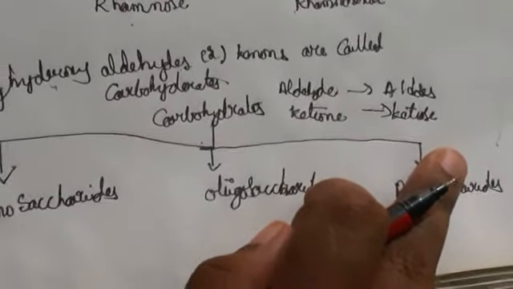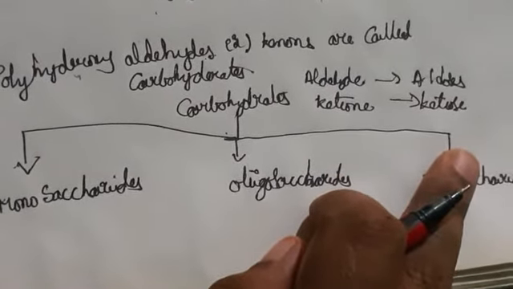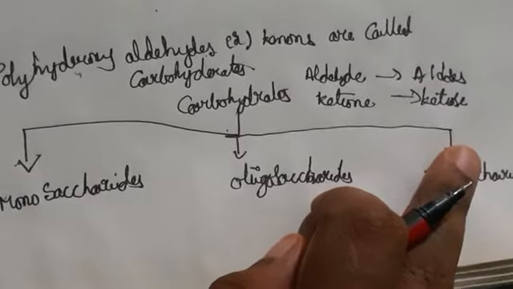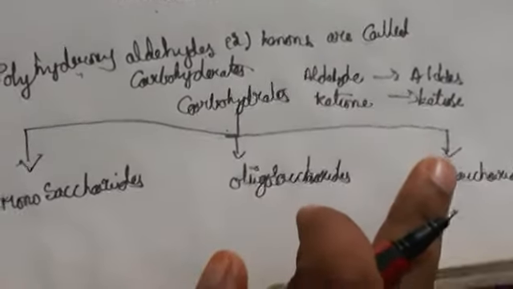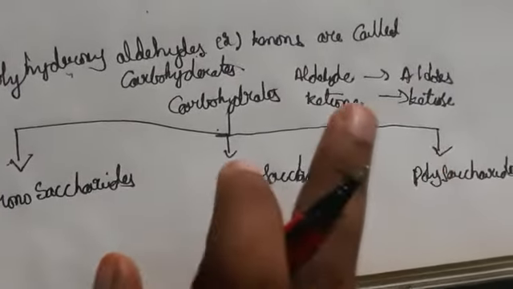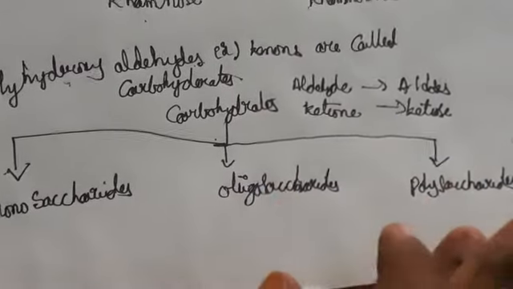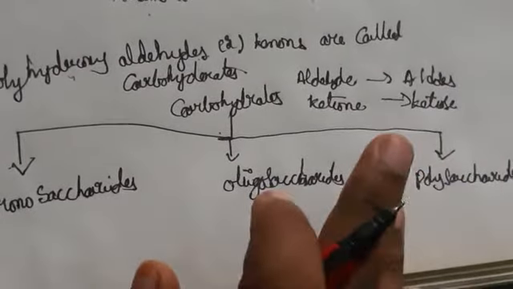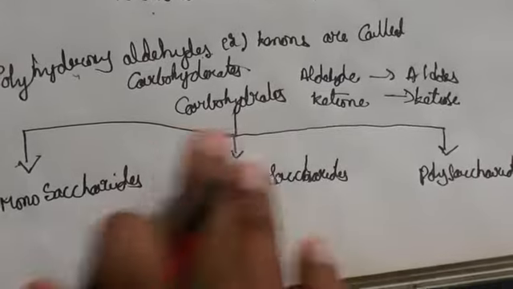So generally we have tetrose, pentose, hexose. If it contains 5 carbons, aldopentose; if it contains 6 carbons, we call it aldohexose. Like this we call them.